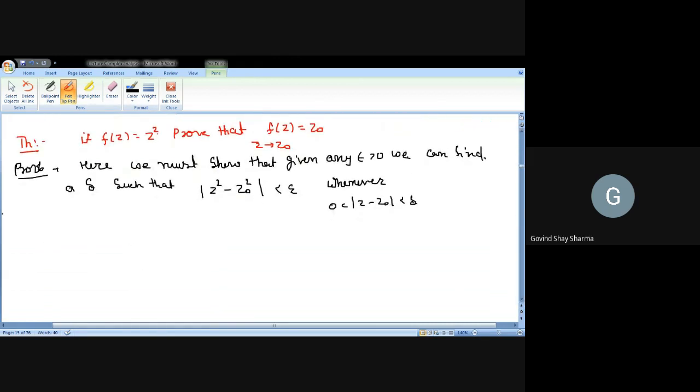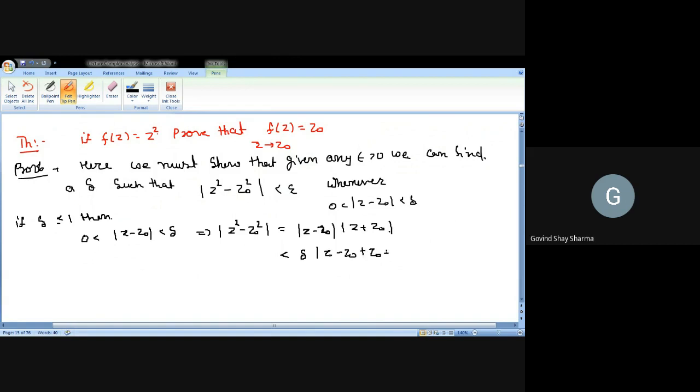If delta is less than 1, then |z squared - z0 squared| = |z - z0||z + z0|.